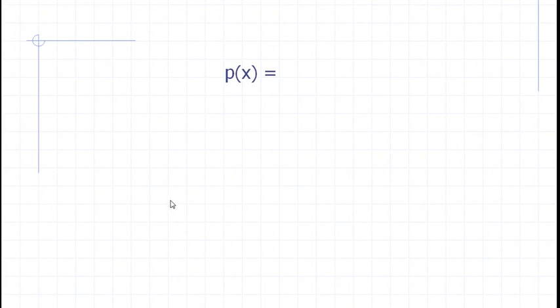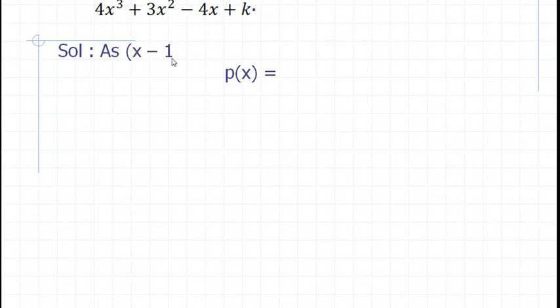Find the value of k if x minus 1 is a factor of the polynomial 4x cube plus 3x square minus 4x plus k. As it is given, x minus 1 is a factor of this polynomial.